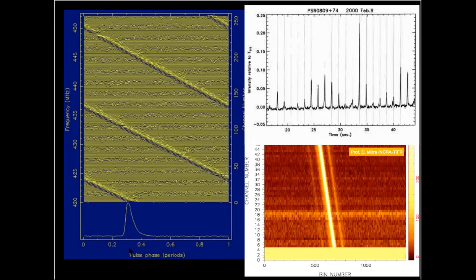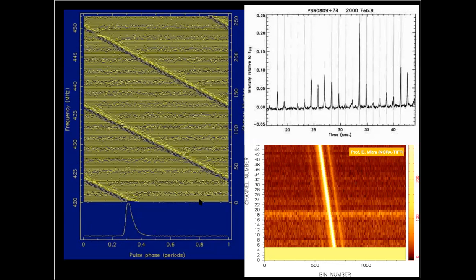Now it so happens that if I look at what time this particular pulse comes, the time is not the same for the pulses that I see coming at different frequencies. What is plotted here is called a chart, where the intensity gives you the amplitude of these pulses.